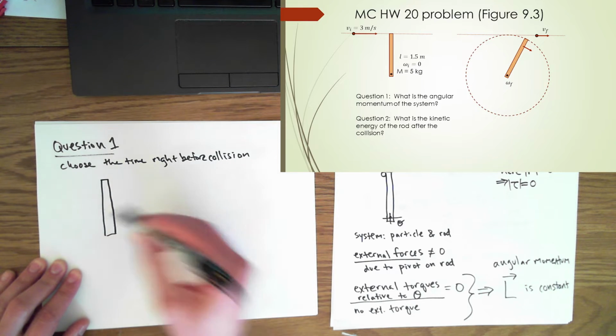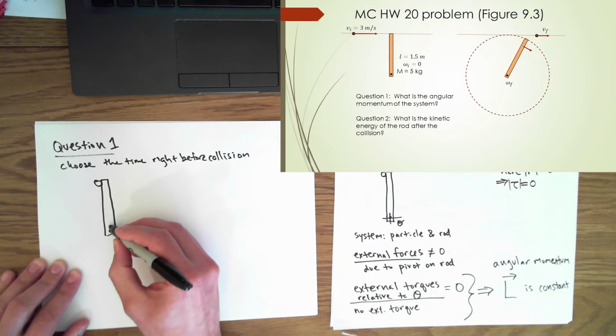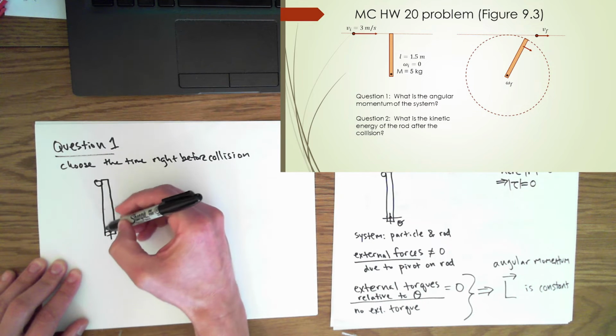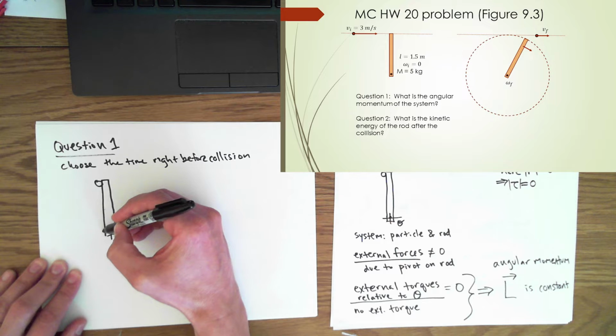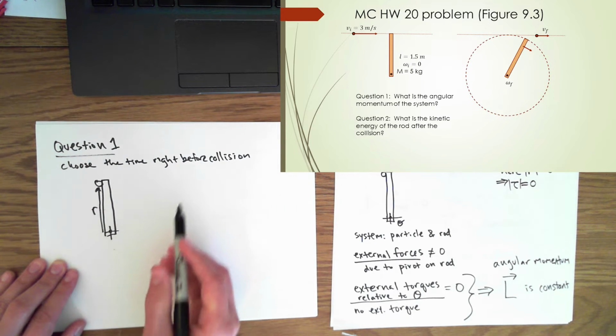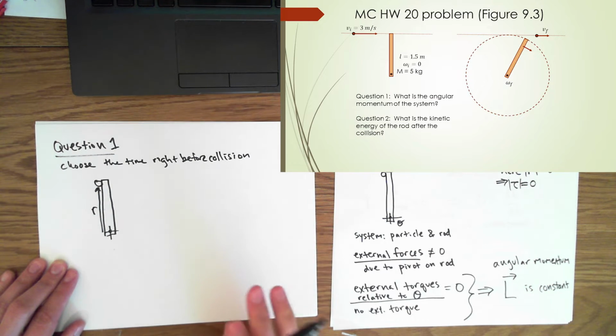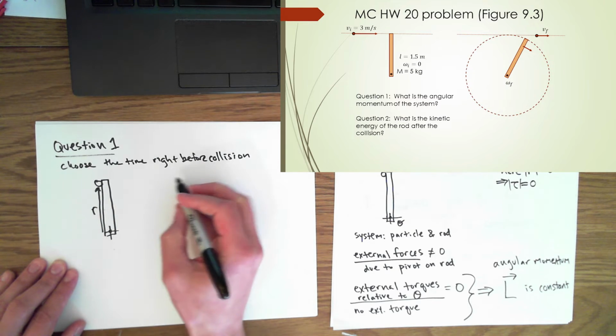You've got the particle, and here's our origin, and the position vector of the particle. Right before the collision, the rod still has 0 motion, so the only angular momentum to consider is that of the particle.